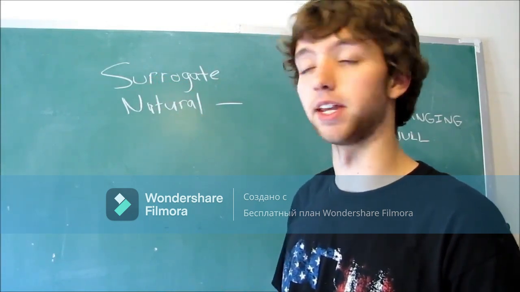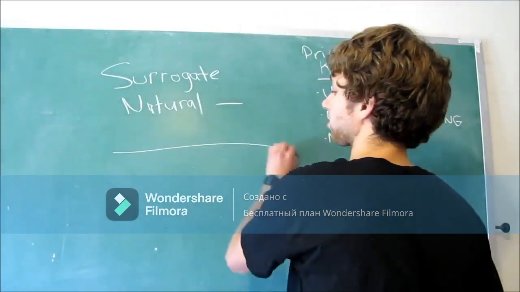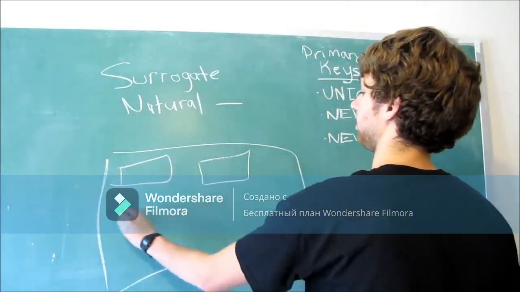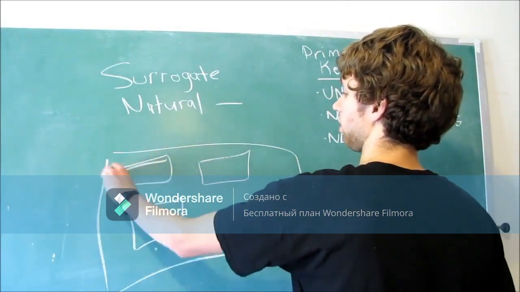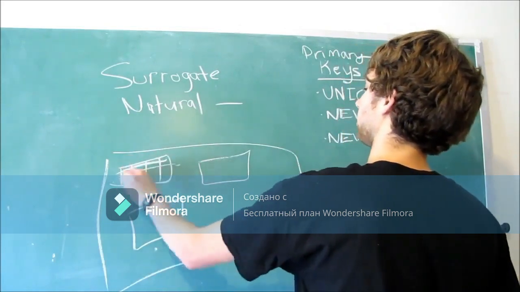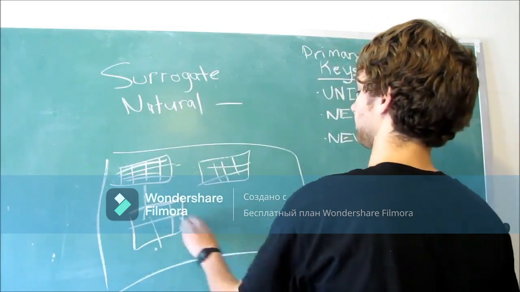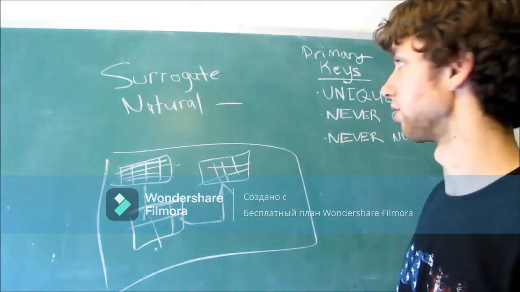Generally, when you create a database, let's say this huge box is our database. Within this database we have a bunch of tables, and then within each table we have a bunch of columns and rows. These are all connected in some funky way with relationships.